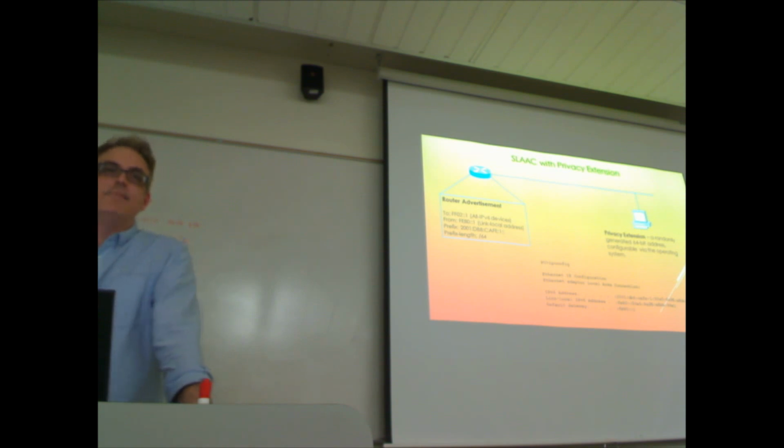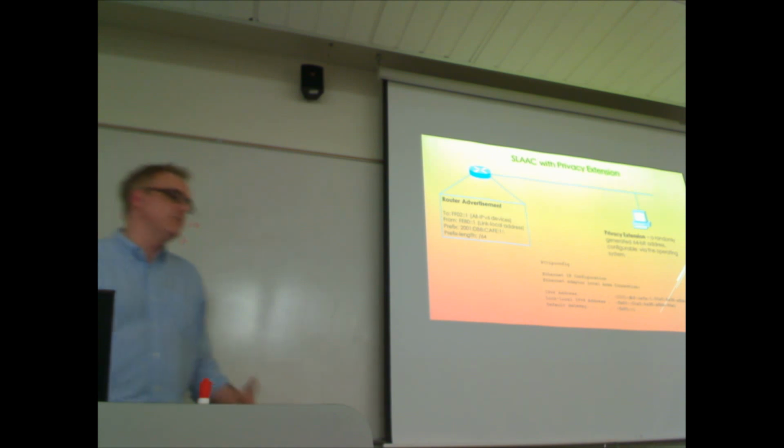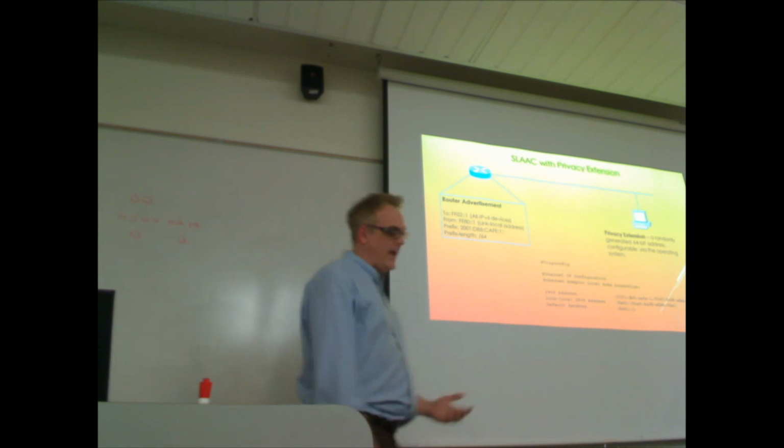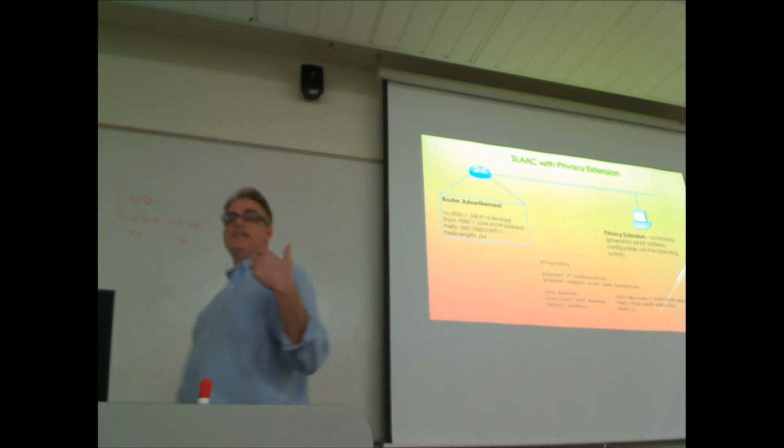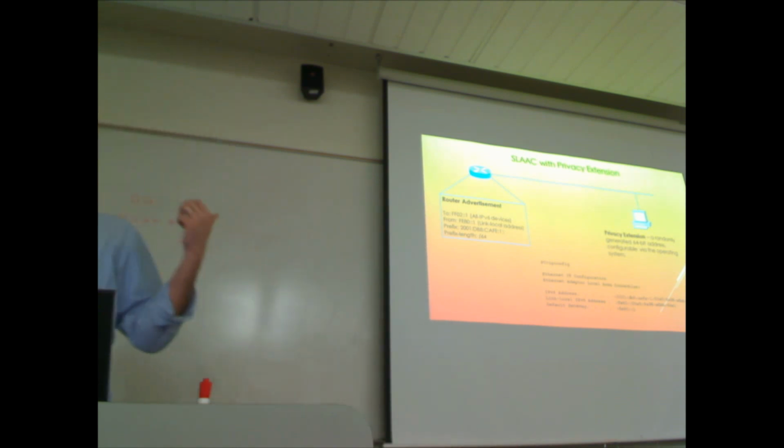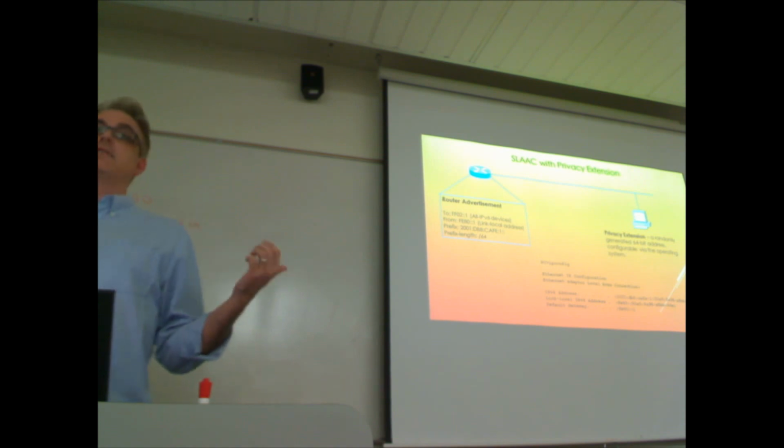So it's recommended, not mandatory, because the odds are very slim that you would get the same randomly generated number. But what duplicate address detection does is basically function the same way that a gratuitous ARP in IP version 4 functions.